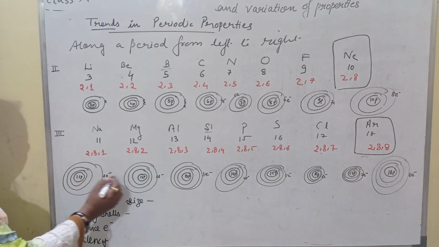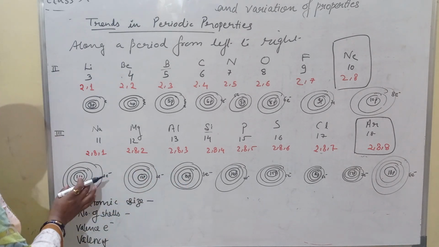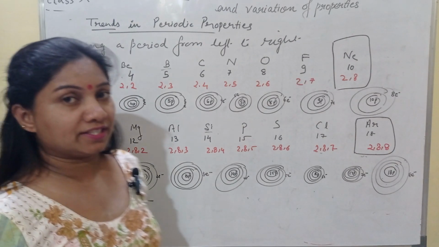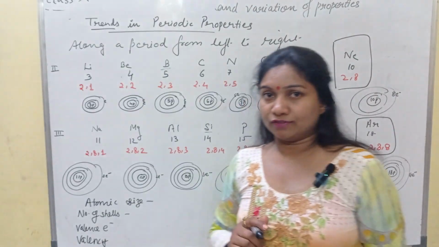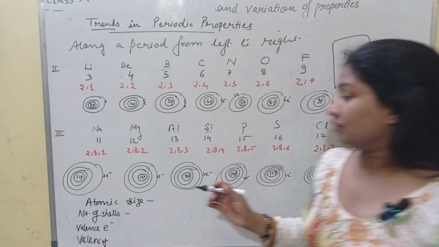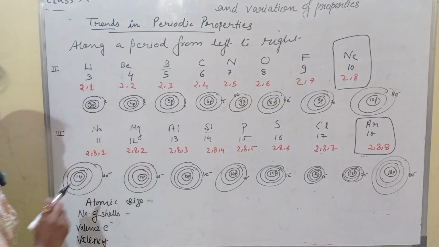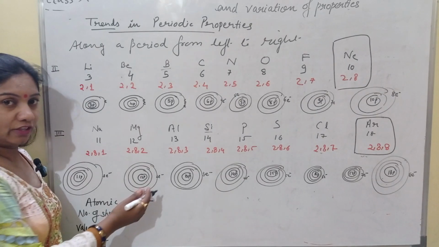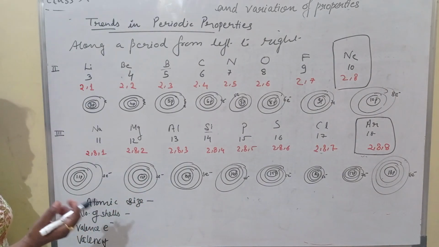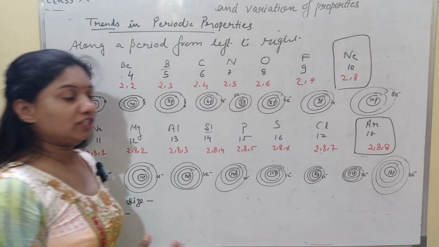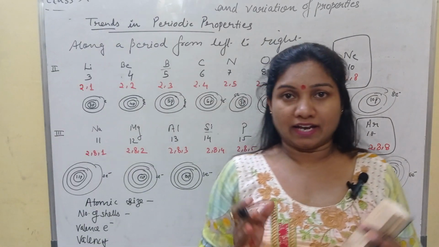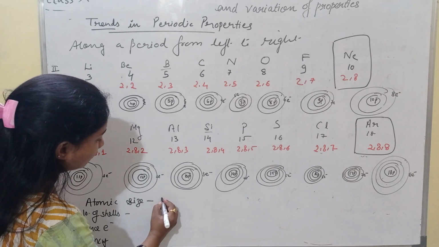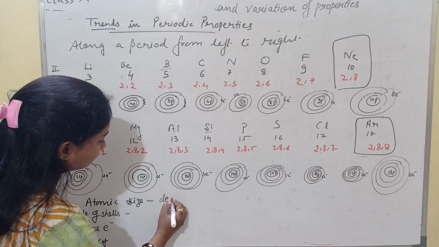See here it is 11 protons, 12 protons, 13 protons, means the number of protons is increasing, which means positive charge is increasing inside the center of the nucleus. So the size will decrease. It will exert a force of attraction on the outermost electron and pull the electron towards itself, as a result of which the size will shrink and decrease. What will happen to the atomic size? It will decrease.